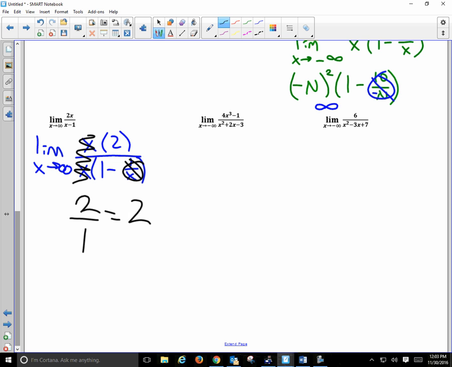A very large negative number, yeah. Nope, nope. So on the top, you're going to take out x to the third.